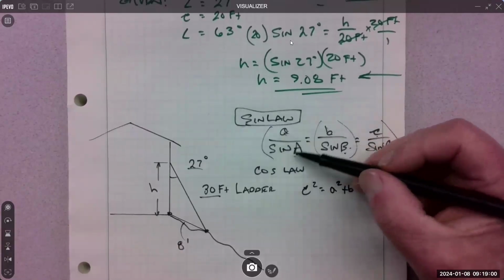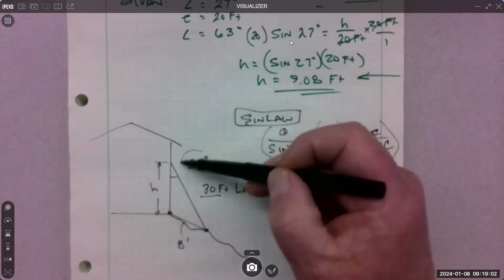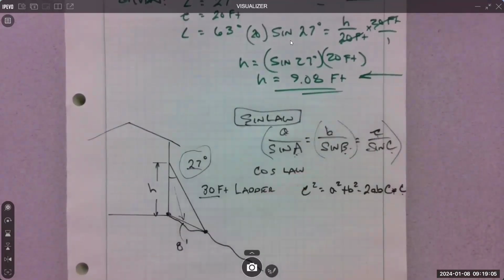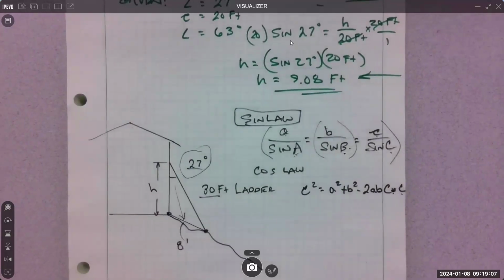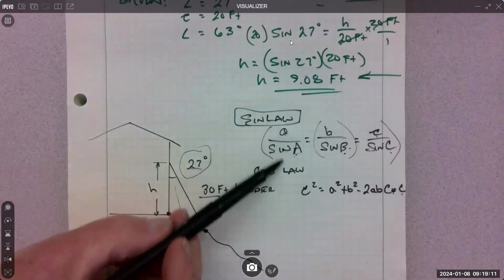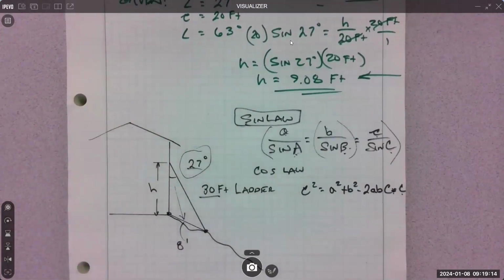Now, these are opposite of each other, and I know 27 and the 8. That's the other thing that you want to look for: do I know information opposite of an angle? Because that means that this is a known number. Okay.